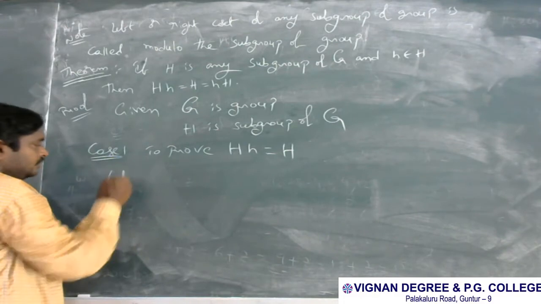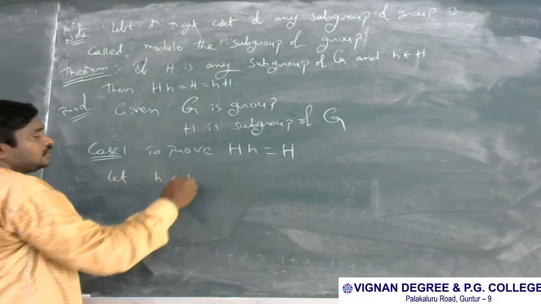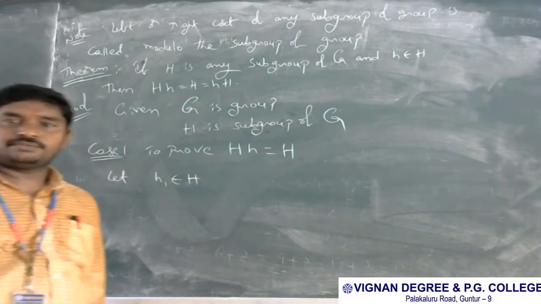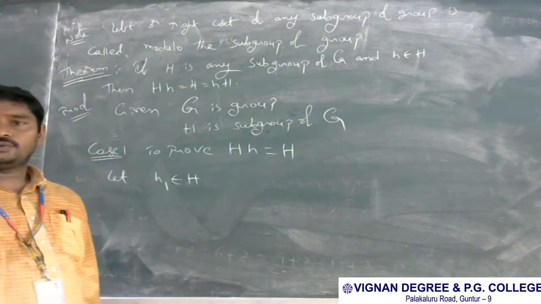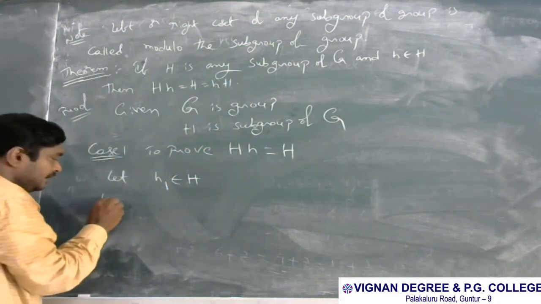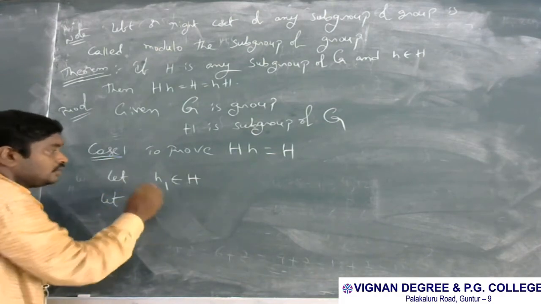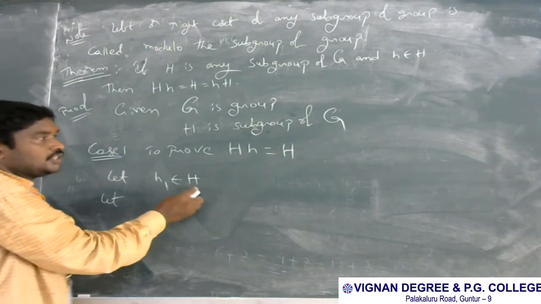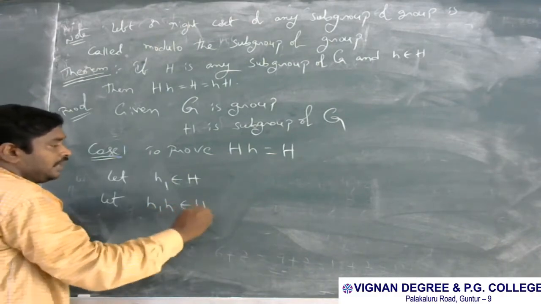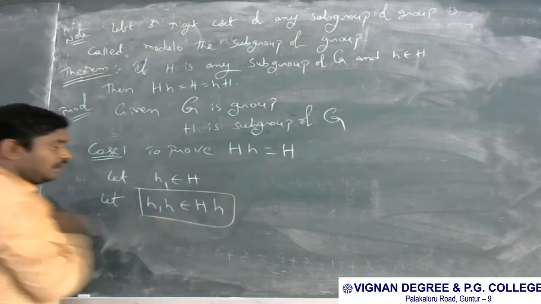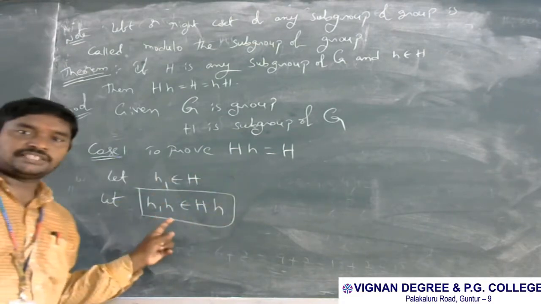So let small h1 belongs to capital H. Multiply both sides with small h. Then small h1 into small h belongs to capital H into small h. Understand, students?